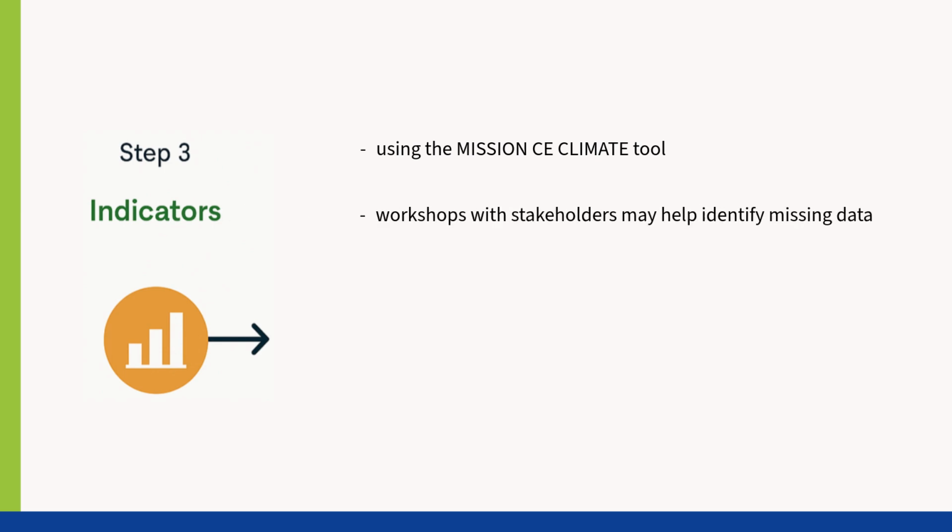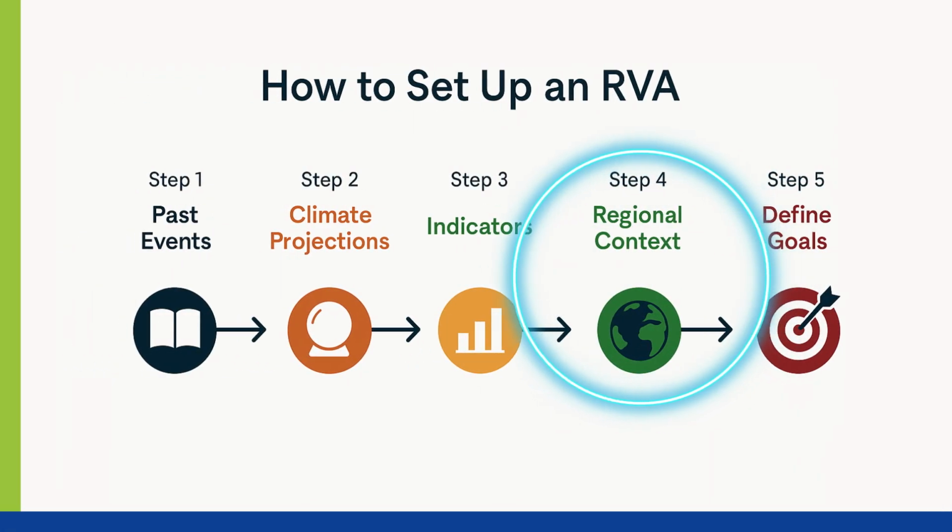Workshops with stakeholders, such as city agencies, utility providers, and civil protection, help to identify missing data, contextualize results, and to validate the scoring process. This participatory process ensures that findings are valid for each region and help to generate a shared understanding of where adaptation is most urgent.